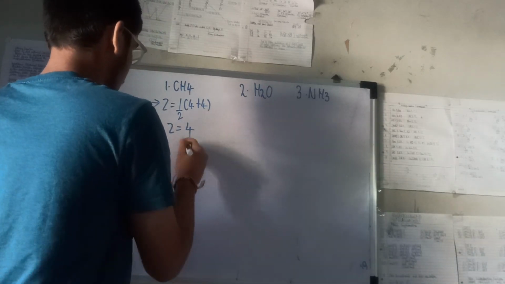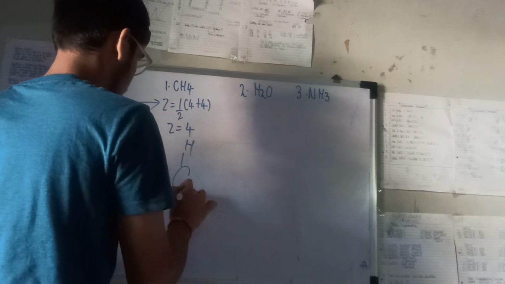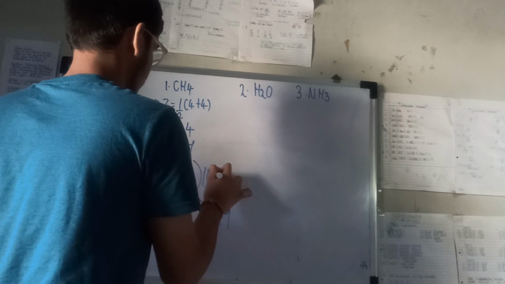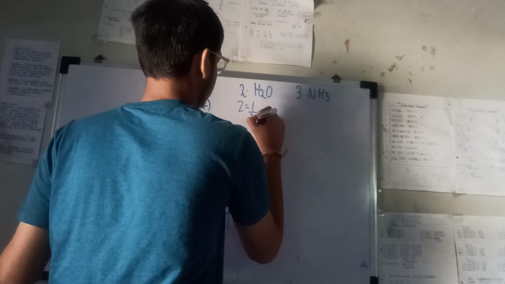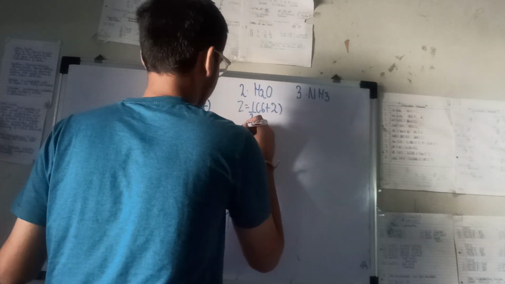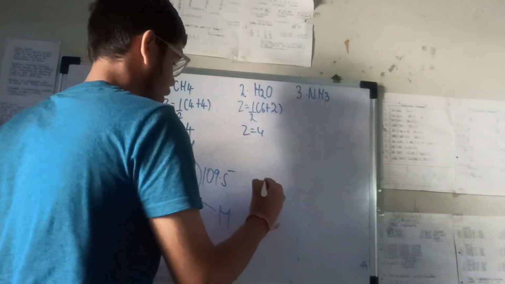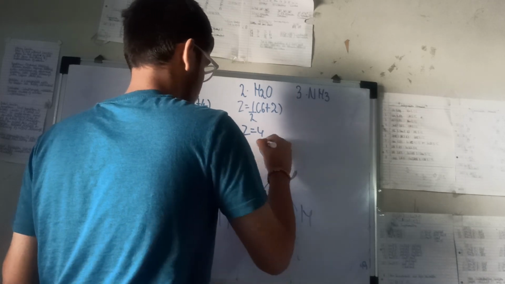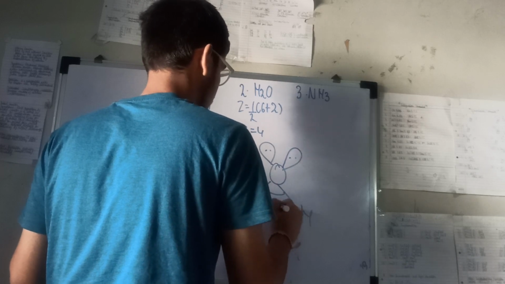So lone pairs are 0. 4 minus 4, 0. So this is as it is. Shape is equal to geometry. But in case of water, Z is equal to half. O is in the center. 6 plus 2, 8, 4. Z is 4. But here only 2 are sharing. 2 are lone pairs. O, H, H. 2 lone pairs. The angle is reduced because of repulsion.